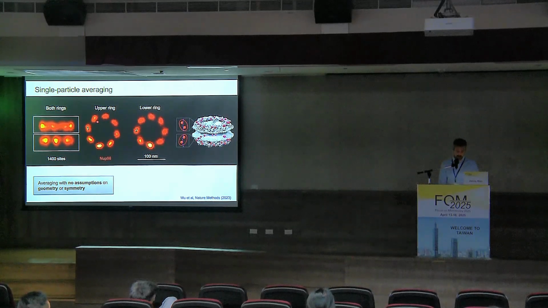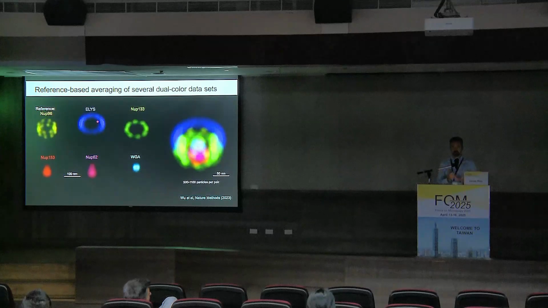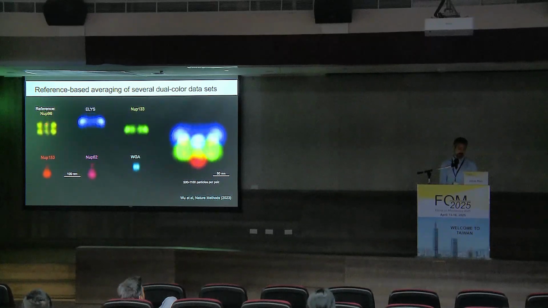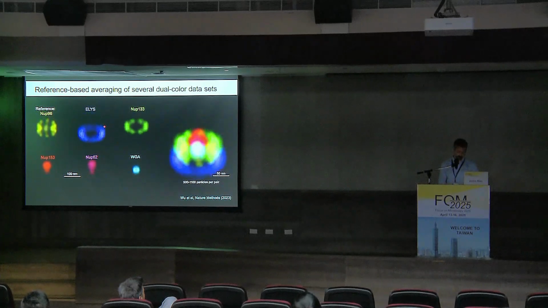We can also use this framework to register many data sets on top of each other to calculate these multicolor protein distribution maps. For this example, we always imaged our nuclear pores with our reference protein NUP96 and one additional protein that we labeled with antibodies.